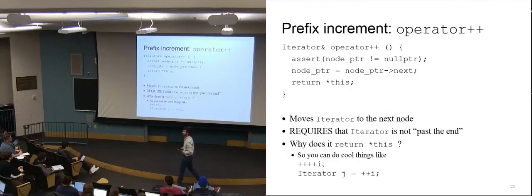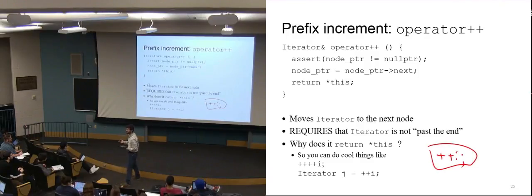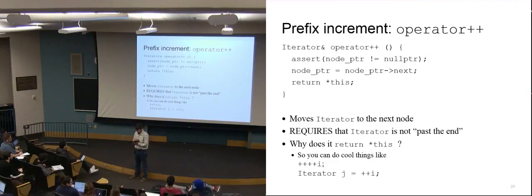Why do we need to return an iterator? Okay, imagine you returned nothing. Imagine it was a void function. Would this code work right here? Yes, it would, because it doesn't need to output anything. Now, would this code work?